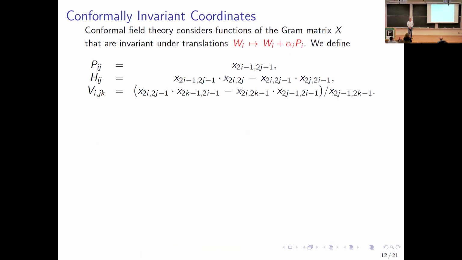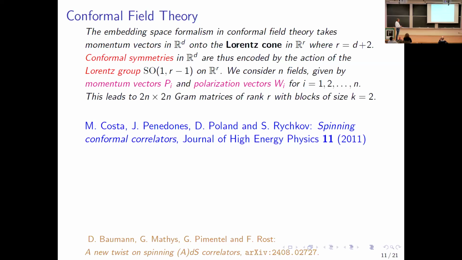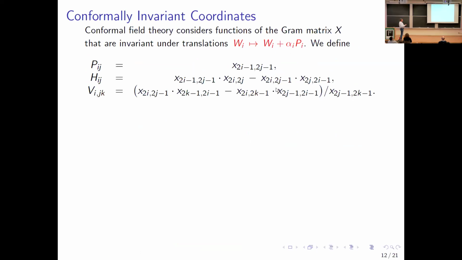Okay, next level, one level up from the coordinates, right? It turns out that in conformal field theory, there is an additional symmetry, and it has to do with the momentum vectors p_i and polarization vectors w_i. You also want to have invariance under an additive transformation.